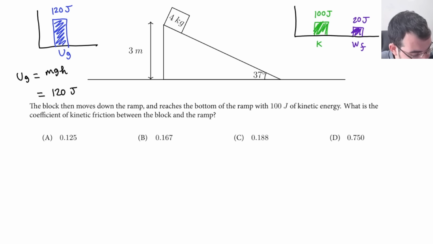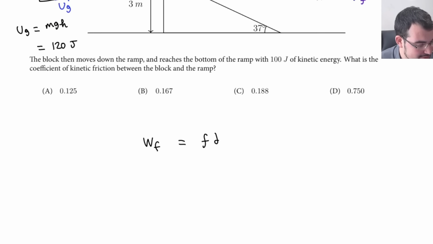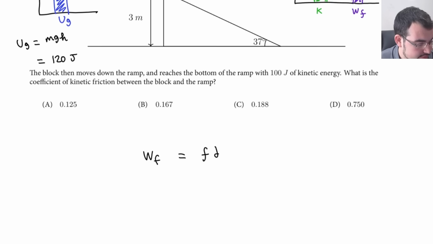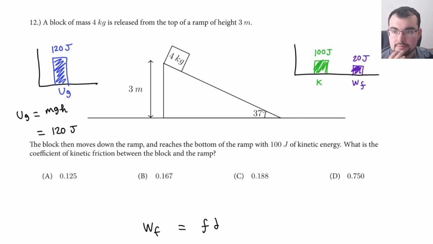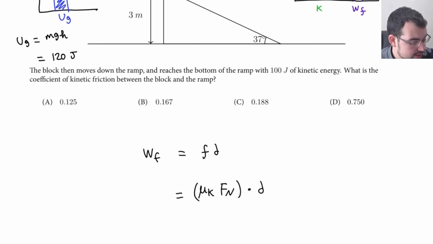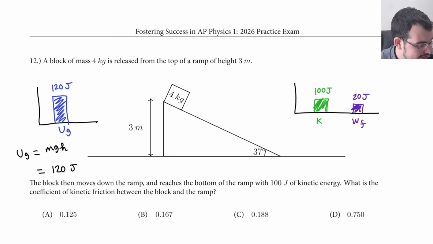The work energy theorem will just say that the work done, well, actually we did the delta K part. So we're just going to say the work done by friction in absolute value is just the frictional force times the distance that that force acts upon. So since we are using kinetic friction, force is mu times normal force. And then we multiply by the distance along the ramp. So what is the normal force acting on this block?